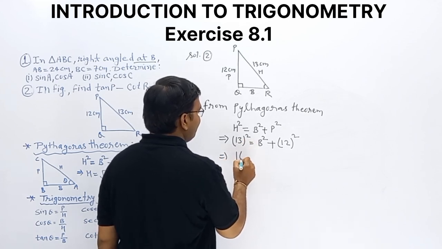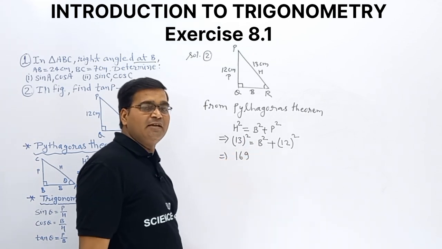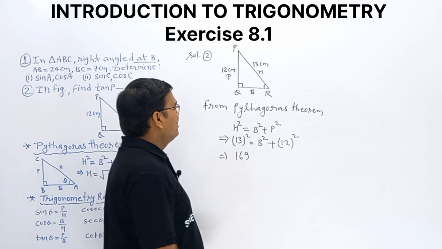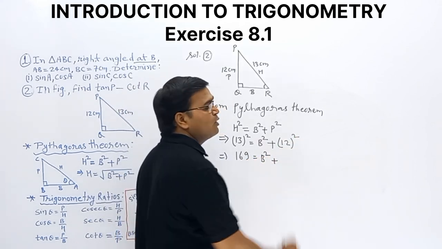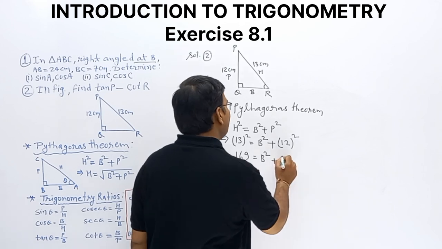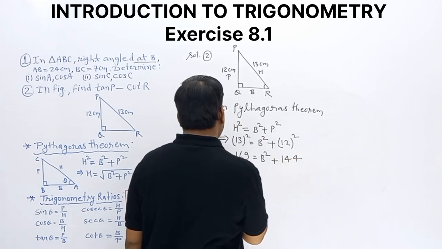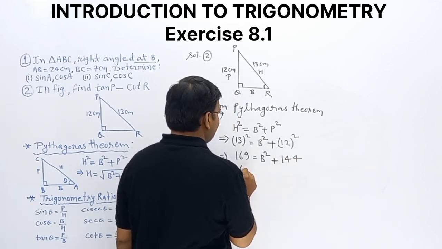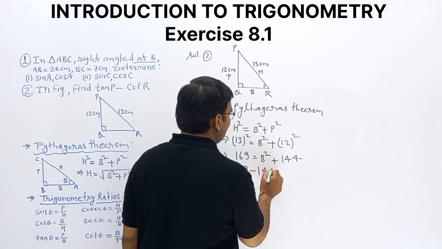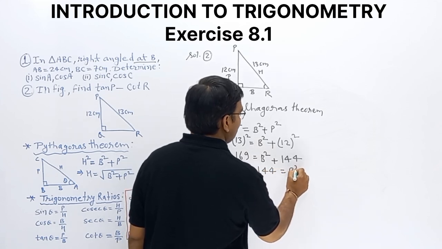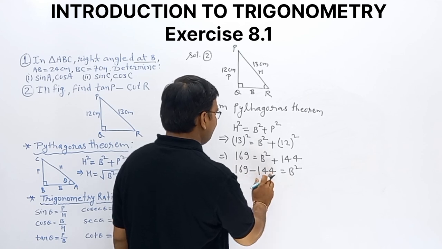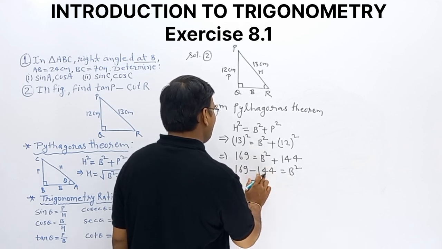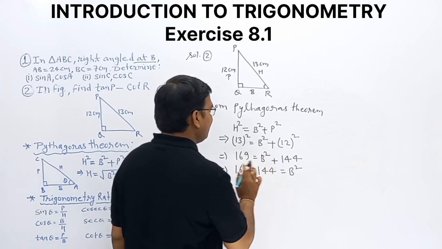13 square is 169. 13 into 13 is 169, equal to base square plus 12 square. 12 into 12 is 144. Now solve this: 169 minus 144 equals b square. Now subtract: 9 minus 4 is 5, 6 minus 4 is 2, and 1 minus 1 is 0.